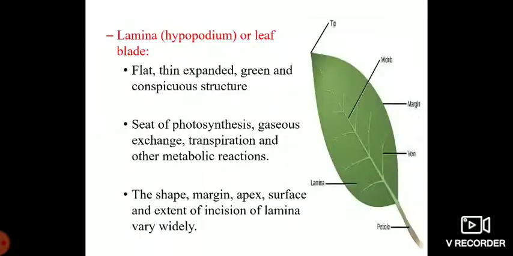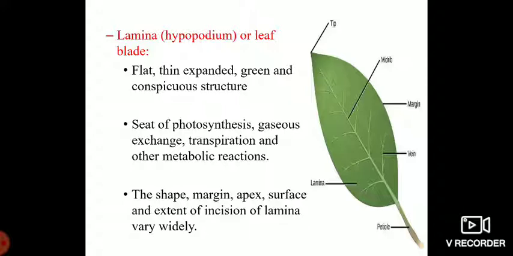Okay, now we have the third part which is known as lamina or epipodium, or you can also call it as a leaf blade. It is the flat, thin, expanded green and conspicuous structure, and this part of the leaf is a seat of photosynthesis, gaseous exchange, transpiration and other metabolic reactions.